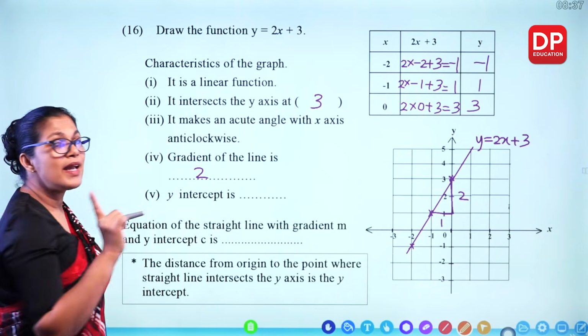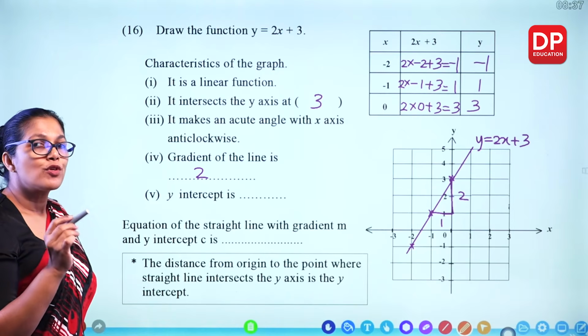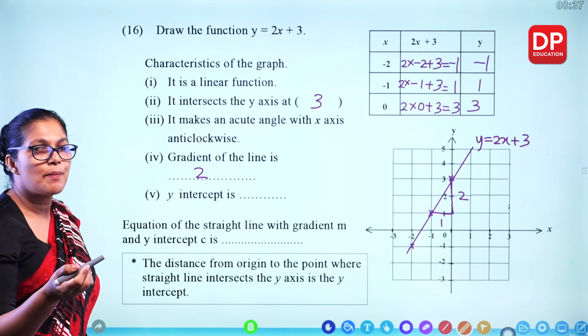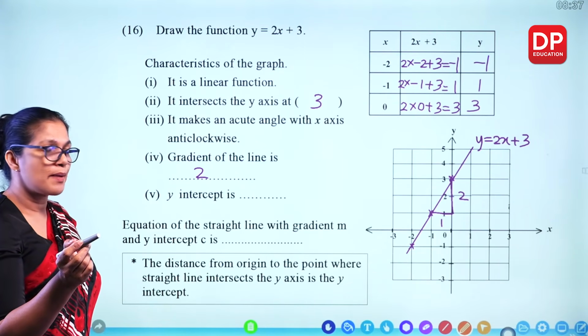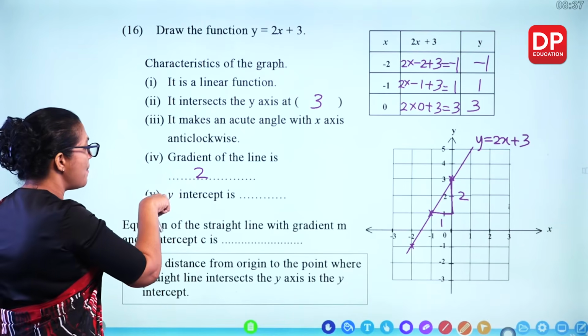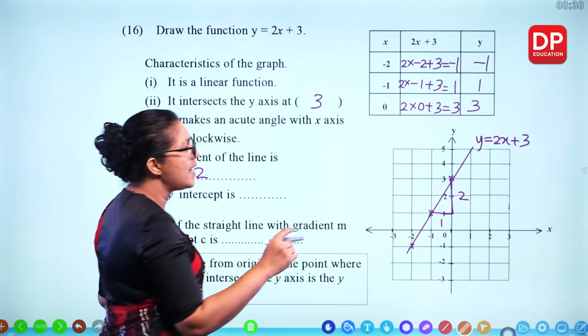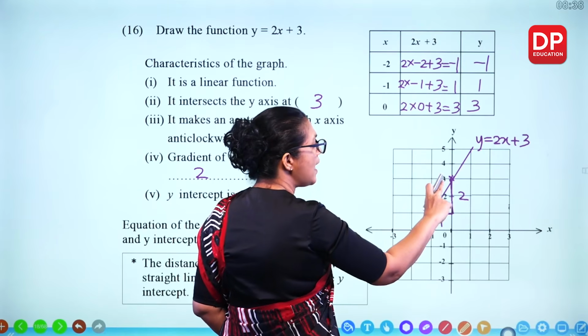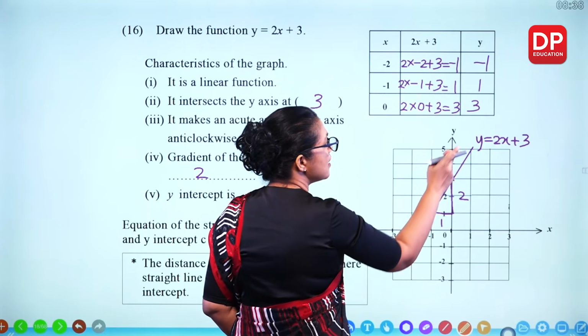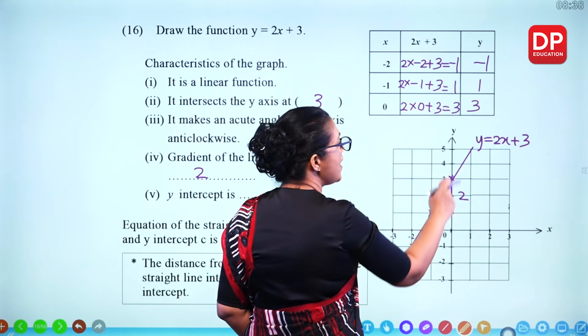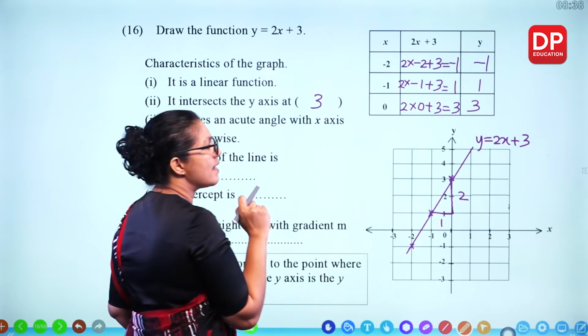And what is the y-intercept? In the textbook it says intercept, but there are 2 types of intercepts. So I am specially mentioning that this is the y-intercept we are talking about. Y-intercept means the point where the straight line cuts the y-axis.